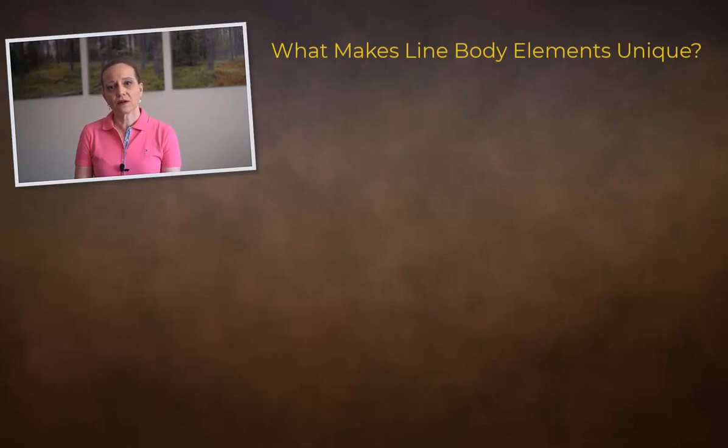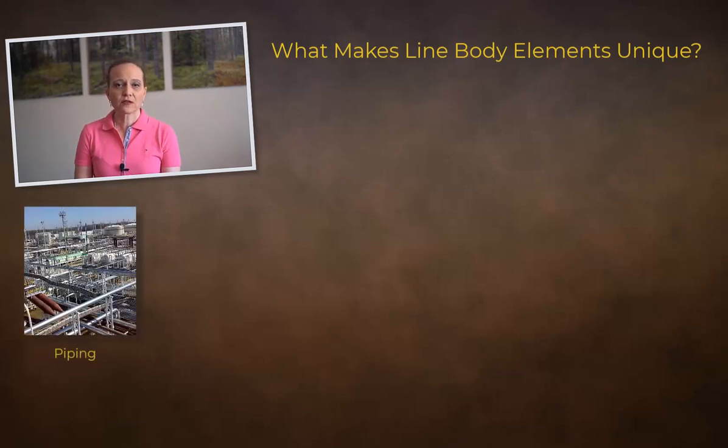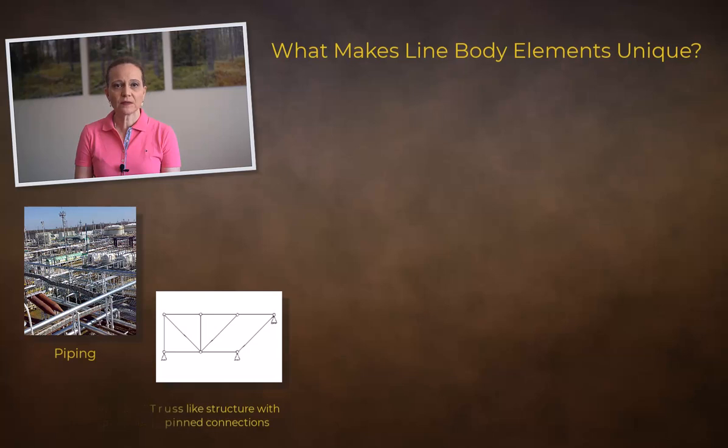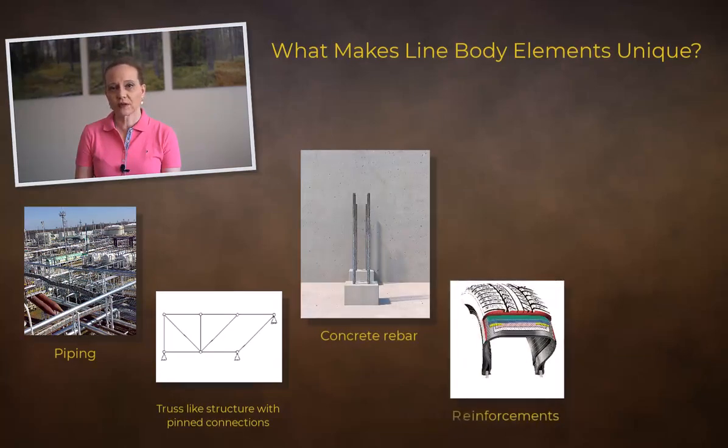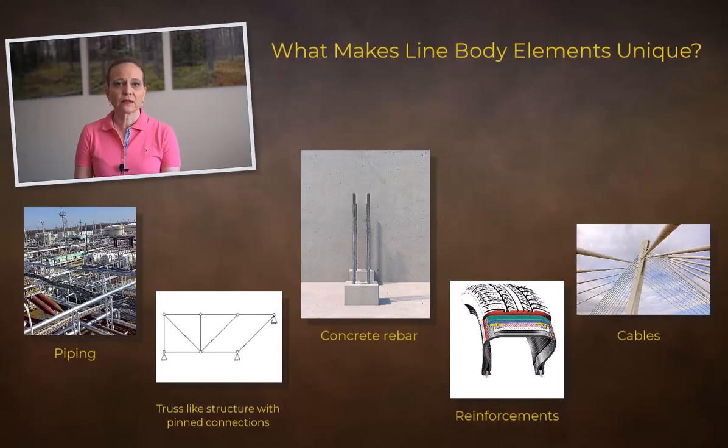Some other types are for more specialized cases, such as modeling piping, modeling truss-like structures which cannot transfer moment, modeling reinforcements such as rebar in concrete or corded reinforcements in rubber tires, and modeling cables where tensile-only behavior is required. While we will focus on beam elements, the discussions we have regarding modeling, orientation, and results generally still apply to other types of line body elements.